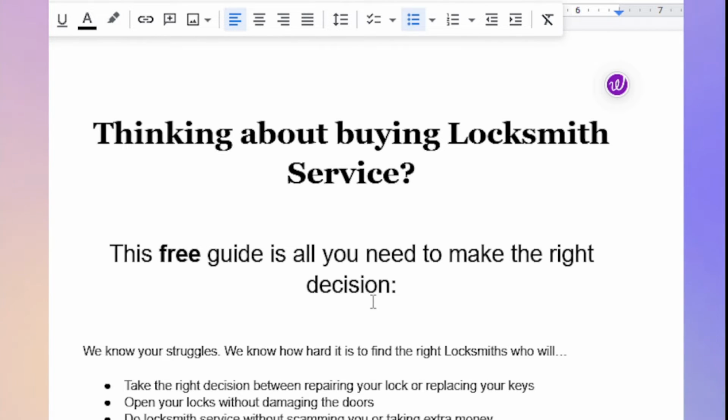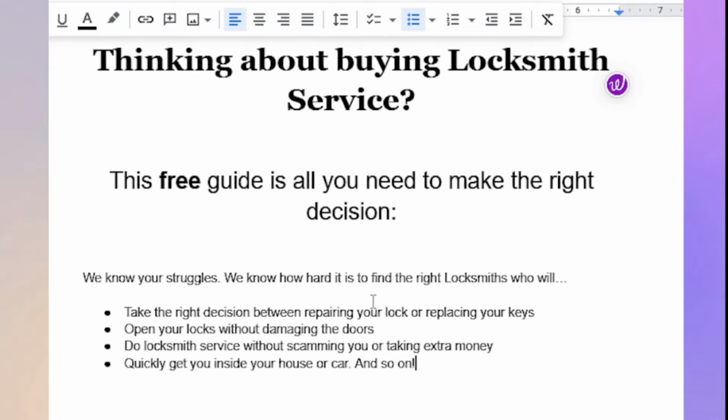So let's finish this paragraph. That's why we are offering you this free guide.